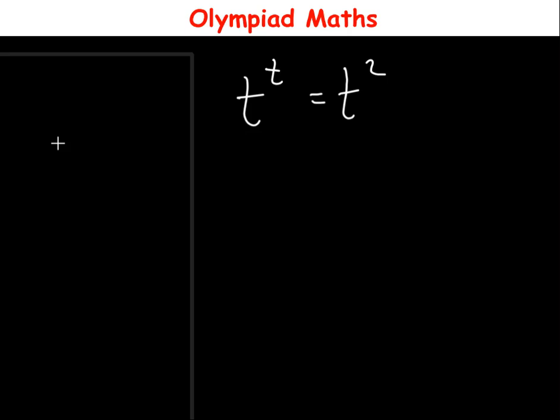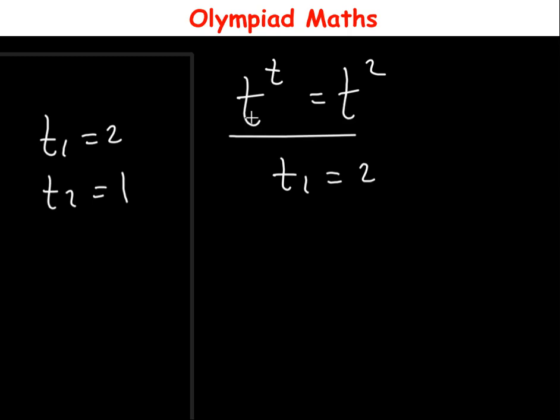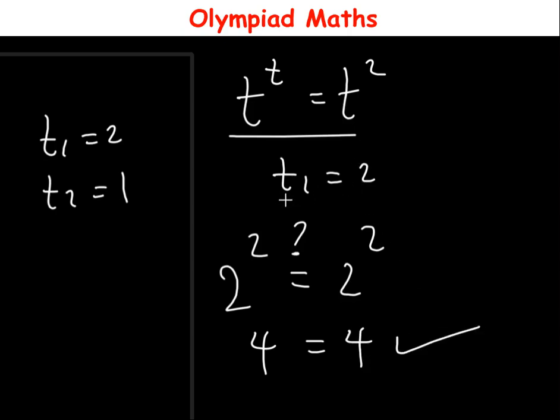Inputting the value of t as 2 for t1, this becomes 2 raised to power 2 equals 2 raised to power 2. Is it equal? 2 to the power of 2 is 4, and this equals 2 to the power of 2, which is also 4. So that means that t1, which is 2, is the correct solution.